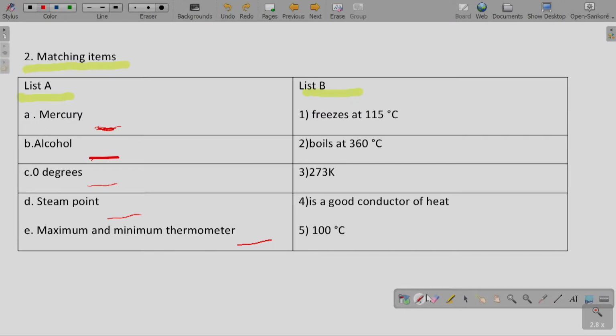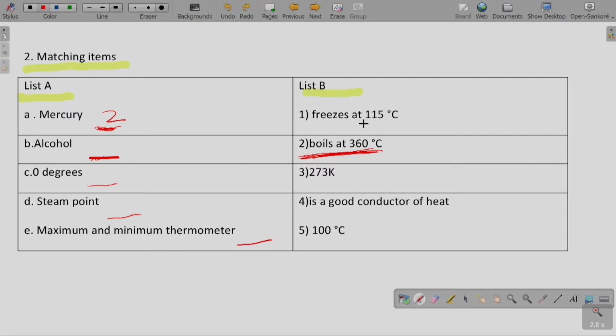The first option is mercury, and from these options the most correct one is 2: it boils at 360 centigrade. This is a fact, so I write here 2. Then I have B, alcohol.